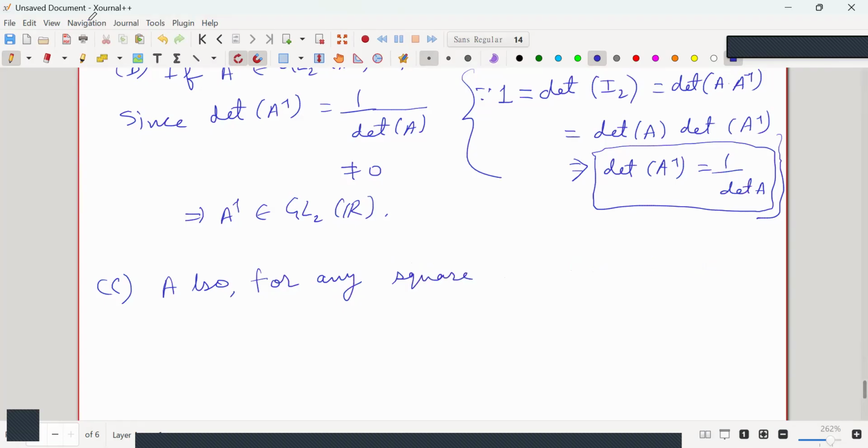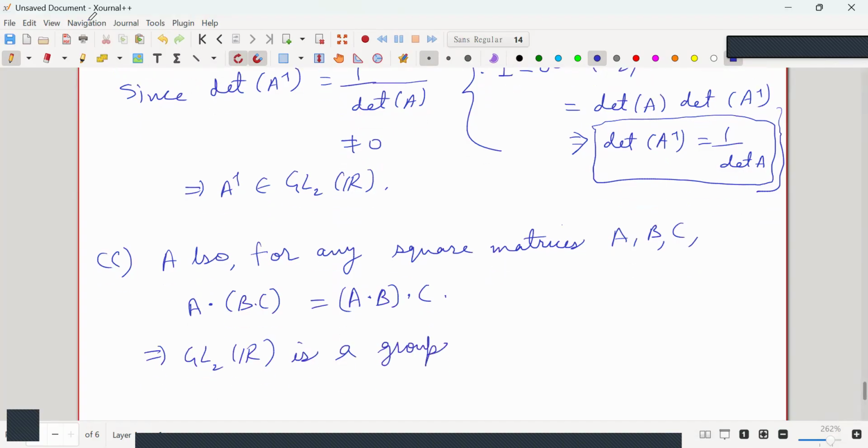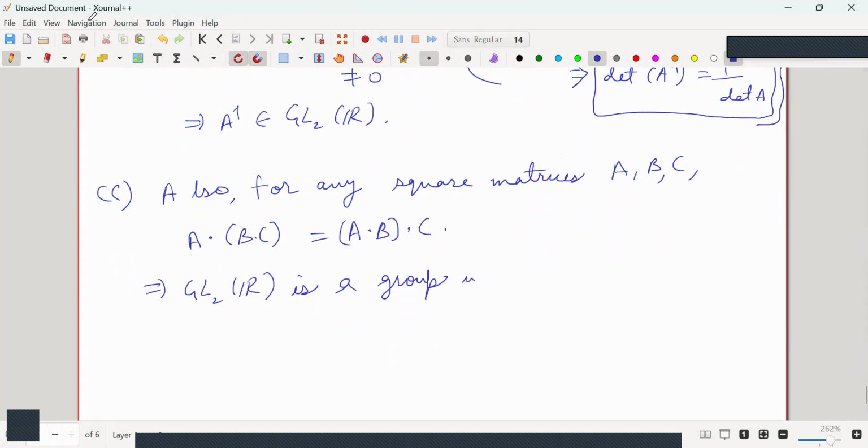For any square matrices A, B, C, A composed with BC is same as A composed with B, then C. So it's always associative, and hence GL2R is a group with respect to matrix multiplication.